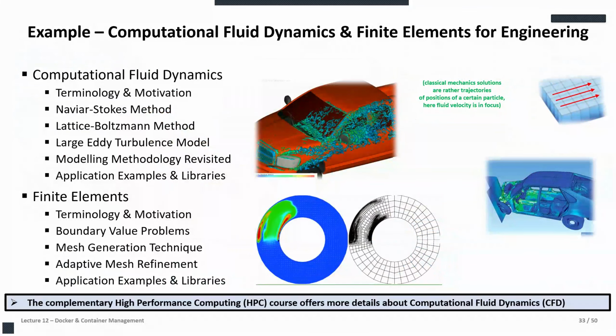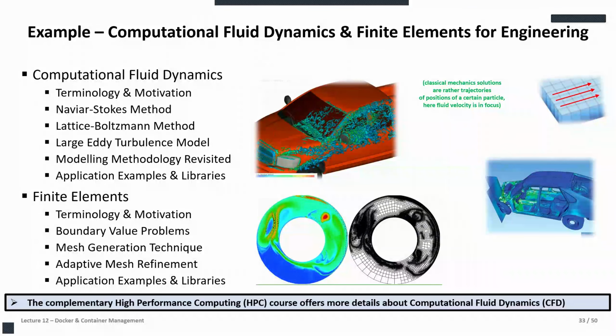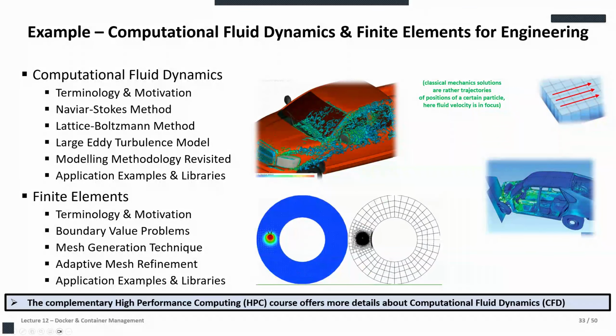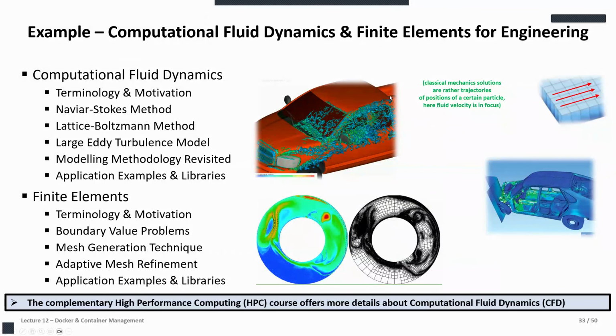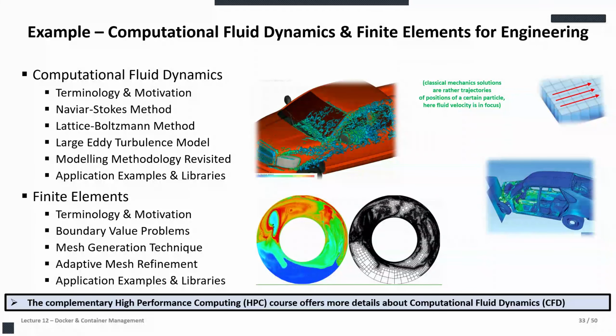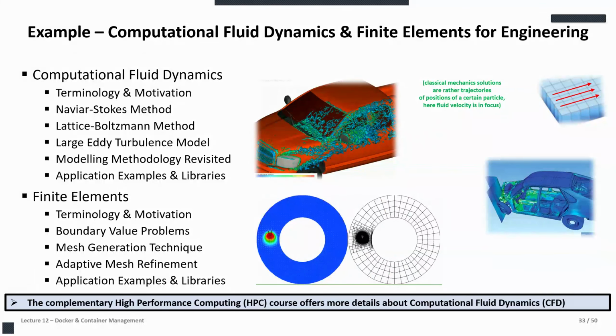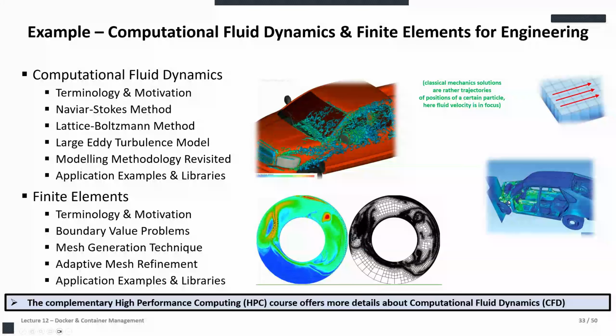And of course, with this, you directly come to numerous applications in the engineering domain, right? So you see here crash tests of cars, or again, the airflow around the car to save fuel and so on. These are all solutions where you have fluid velocity, and of course, stress on materials is also taken into account when you have a crash.